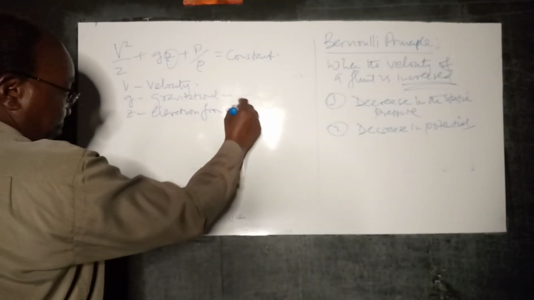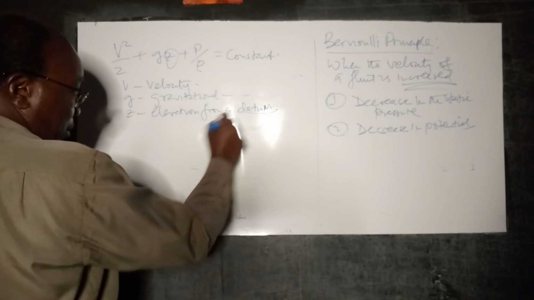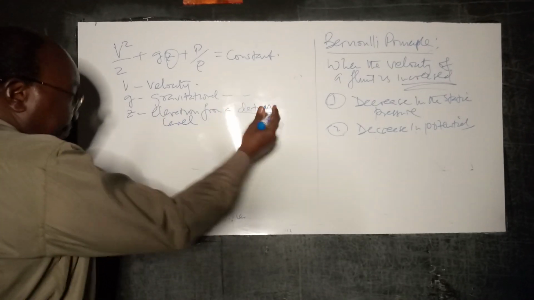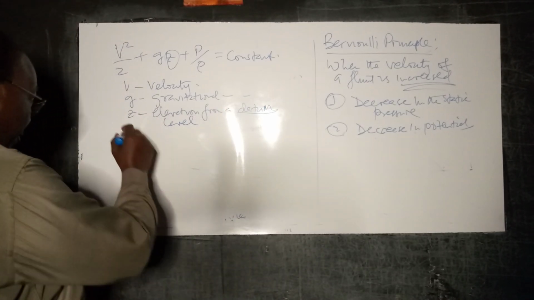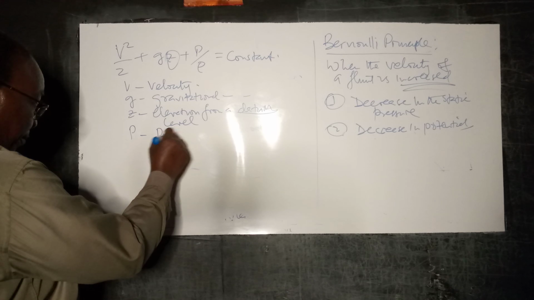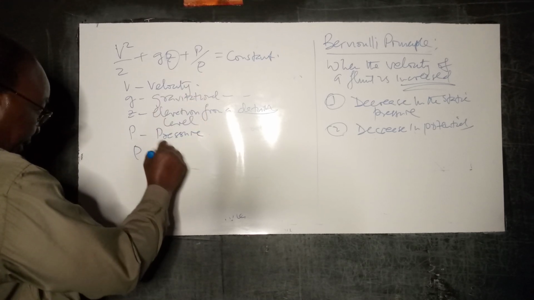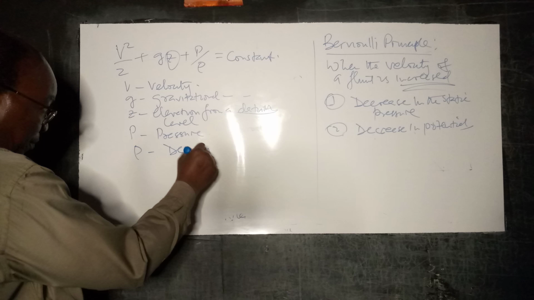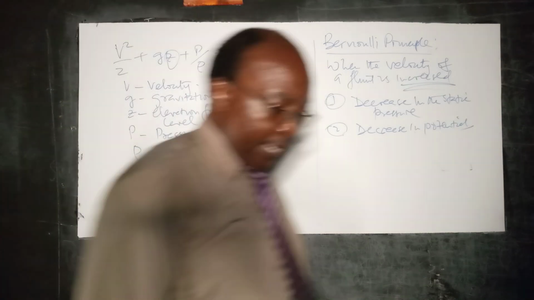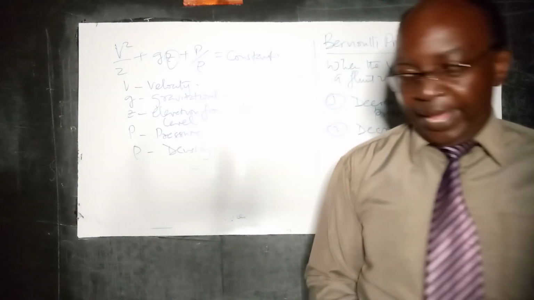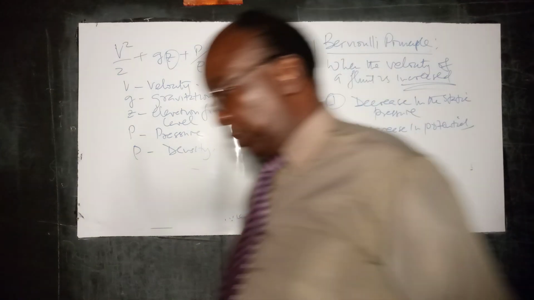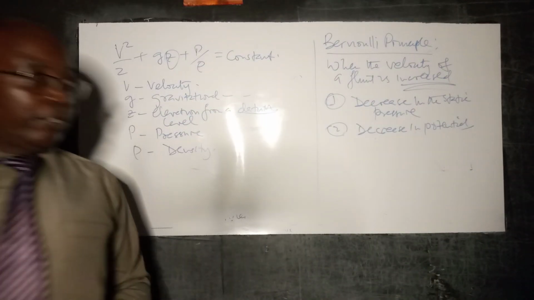You can think of it as a reference level. P, of course, is the pressure, and rho is the density. Now, this marries together with the key equation which we call the continuity equation.